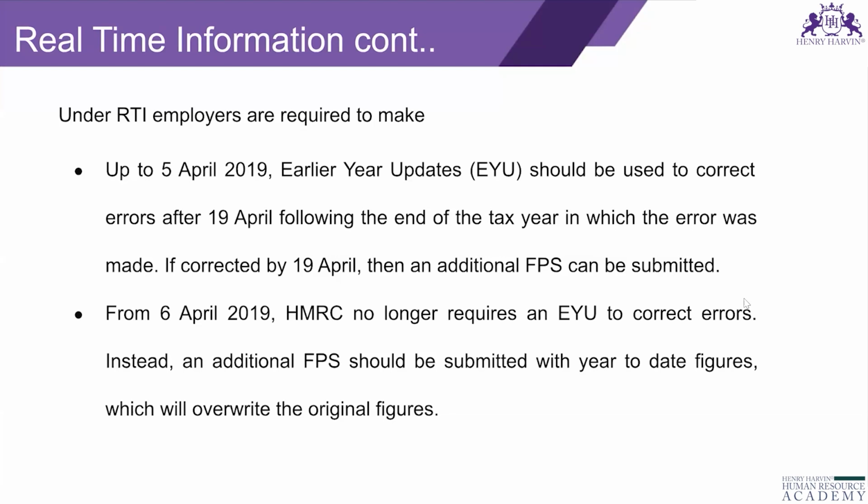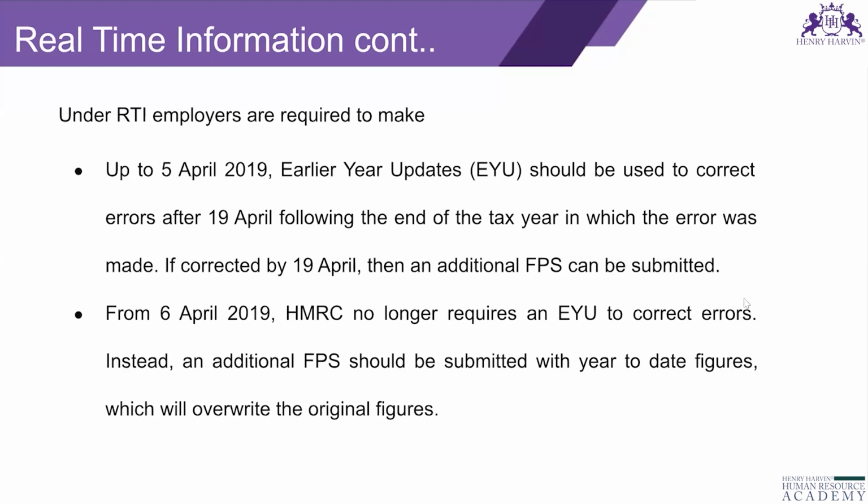If you pay online, you have to pay by 22nd. So that is the reason whatever correction you make after 19th, you cannot report it. It is already late. If it was before that, we can send an additional FPS at least, and correct it in the same year. But once the 19th date has passed, year end has been closed.